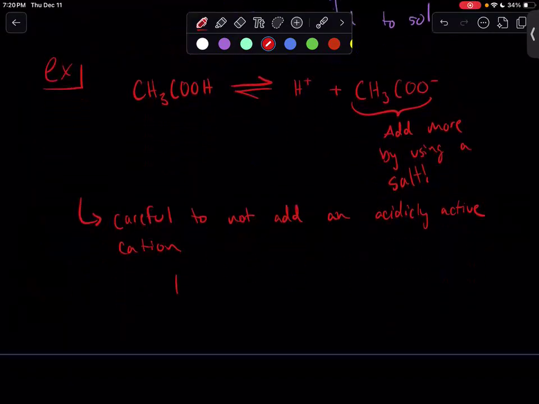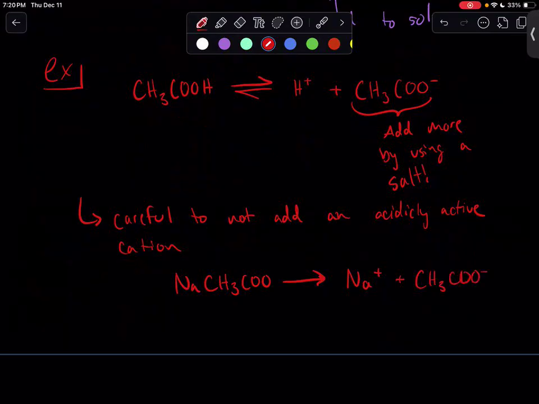So we might add sodium ethanoate, which will always dissociate into sodium positive ions and ethanoate ions, CH3COO minus. So we know specifically we are adding that in.